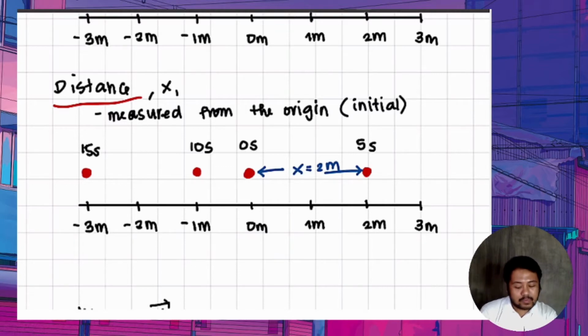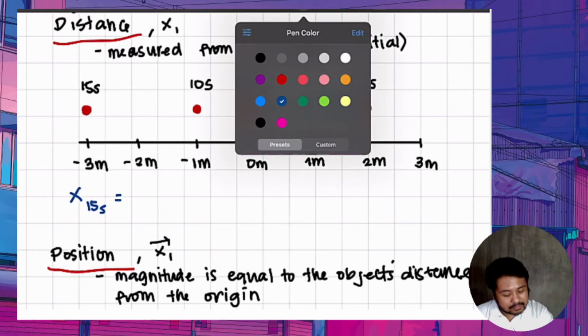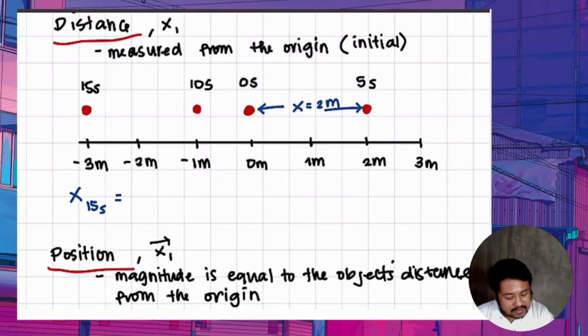For us to get the distance, I will have this x at 15 seconds. We have to consider the total path that is taken. So, coming from 0 seconds going to 5 seconds, let's have that as x1.